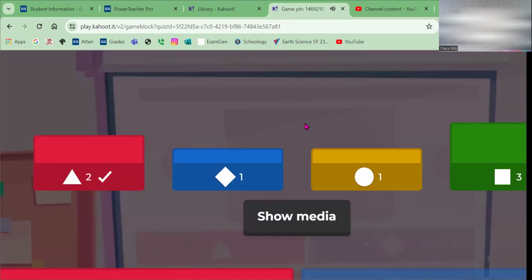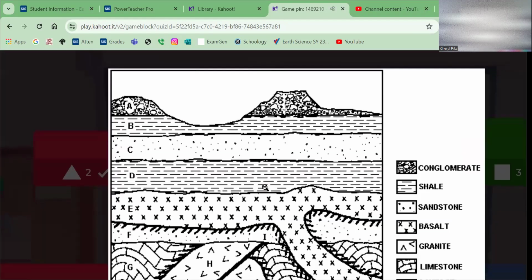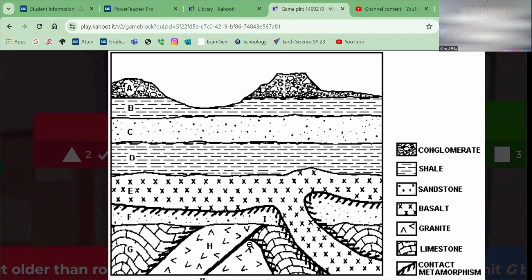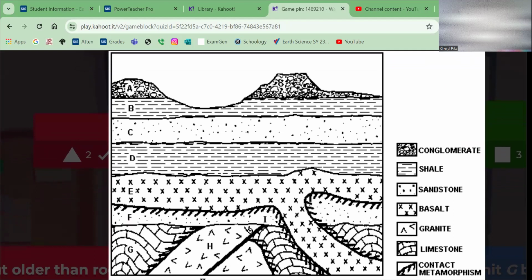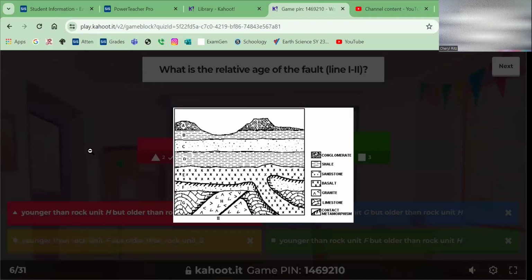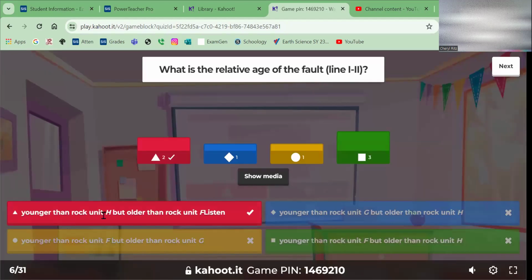That was a lot. Let's go through this. So, here's the fault. It is younger. The only thing the fault is younger than is the only rock it broke. So the fault is younger than layer H. Younger than F is not it.